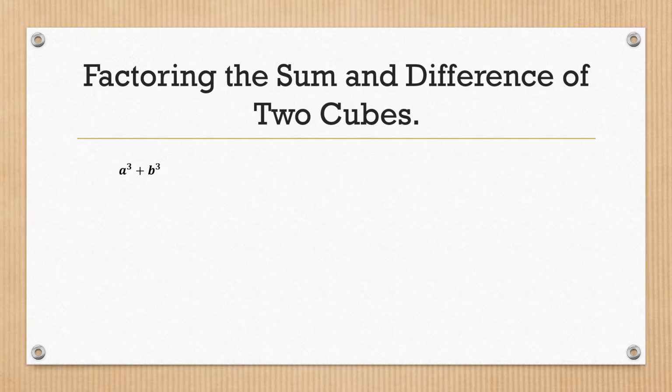When we factor, class, please again memorize this formula. You have to memorize this one. Okay, as you can see, a cubed plus b cubed is equal to the quantity a plus b times the quantity a squared minus ab plus b squared. Look at the differences between them, class. Here in the sum, the signs are what you should take note of. So meaning, just memorize it.